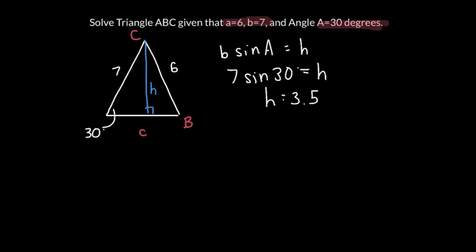Then you can use this number to compare to a and b, and order the letters from least to greatest. So it would be h is less than a is less than b. This tells us that two possible triangles can fit the given information.